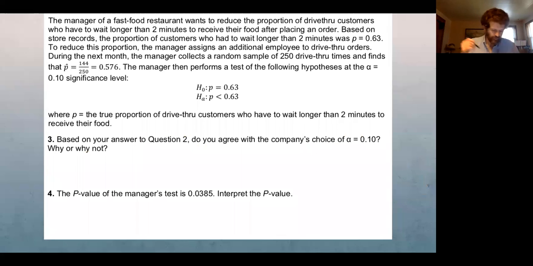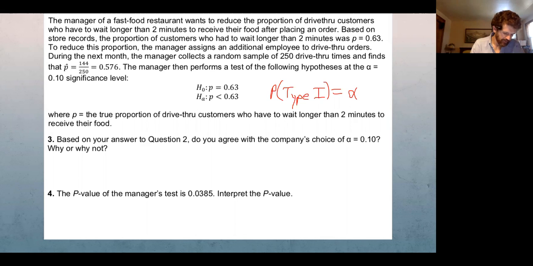So just to make sure this is helpful, the probability of a type 1 error is going to equal the significance level. So if I decide that a type 2 error is worse than a type 1, we should add right here that type 1 and type 2 are inversely proportional.